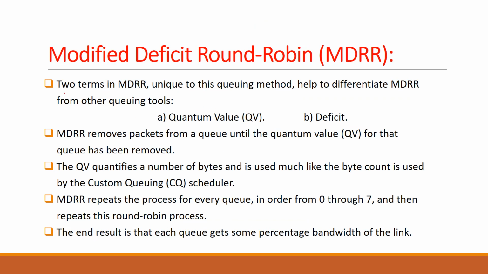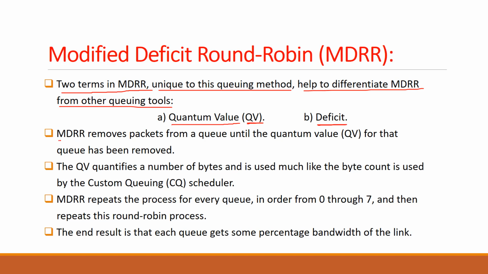So there are two terms in Mdrr, or modified deficit round robin, unique to this queuing method, that help to differentiate Mdrr from other queuing tools. These two terms are the quantum value, QV, and the deficit.